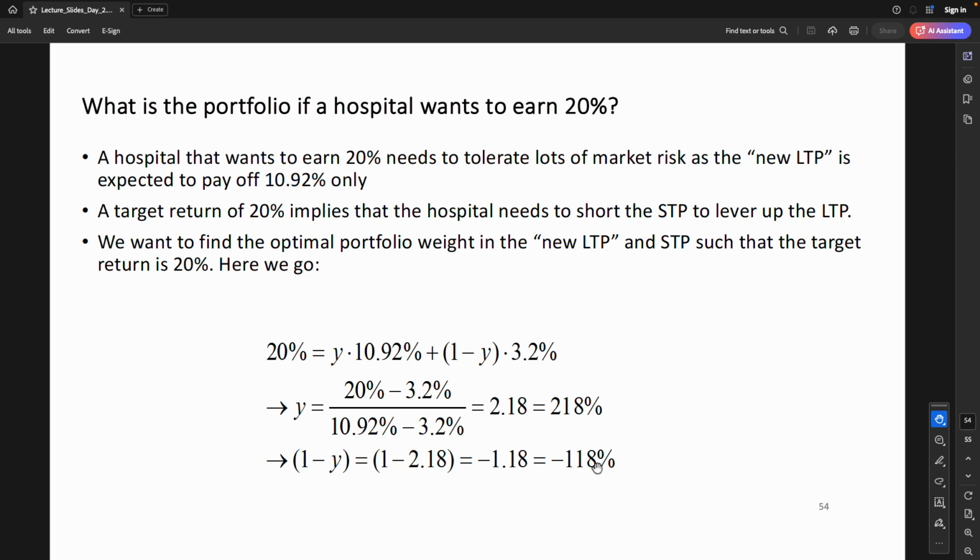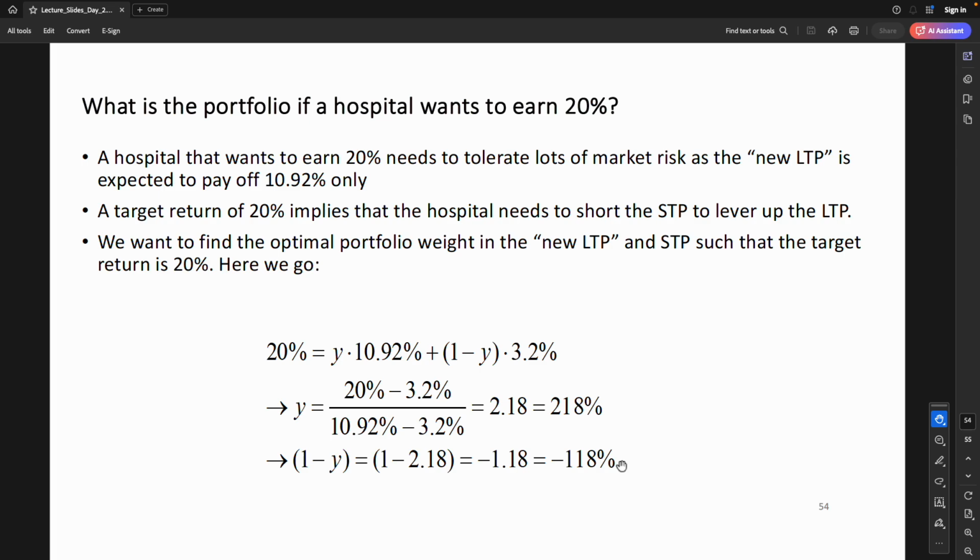So if the hospital wants 20%, and wants to invest, let's say, 100 million, we could offer 20% in expectation, but for the 100 million it wants to invest, it needs to borrow an additional 118 million, so that we have, as an asset manager, 218 million. And now these 218 we would invest in LTP. And you kind of see this is now a leveraged portfolio. That is something that a hedge fund is doing, but not a hospital.